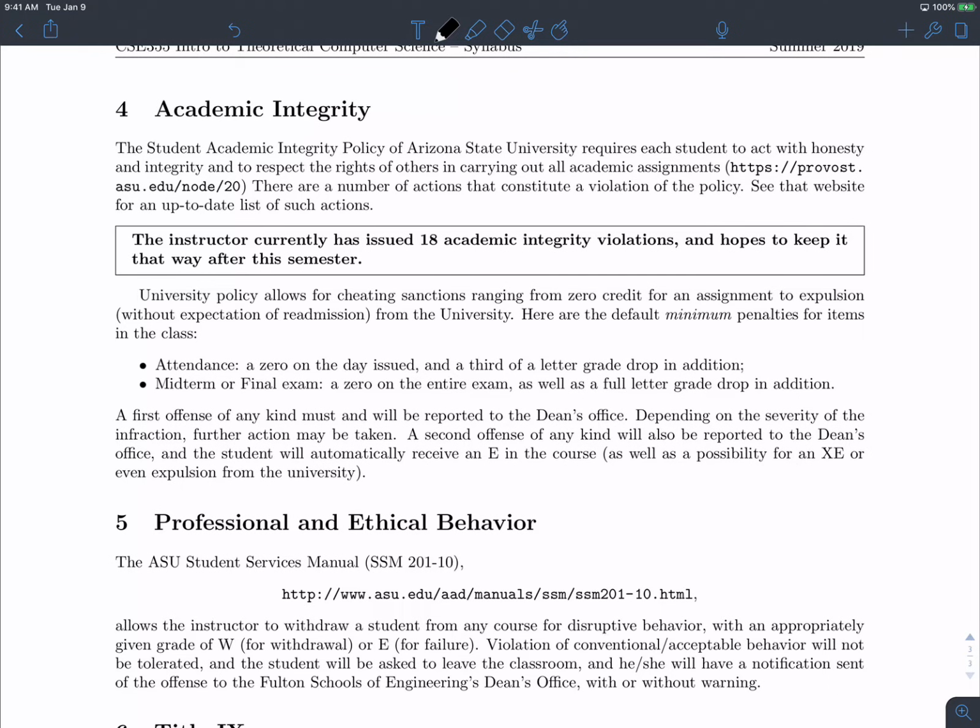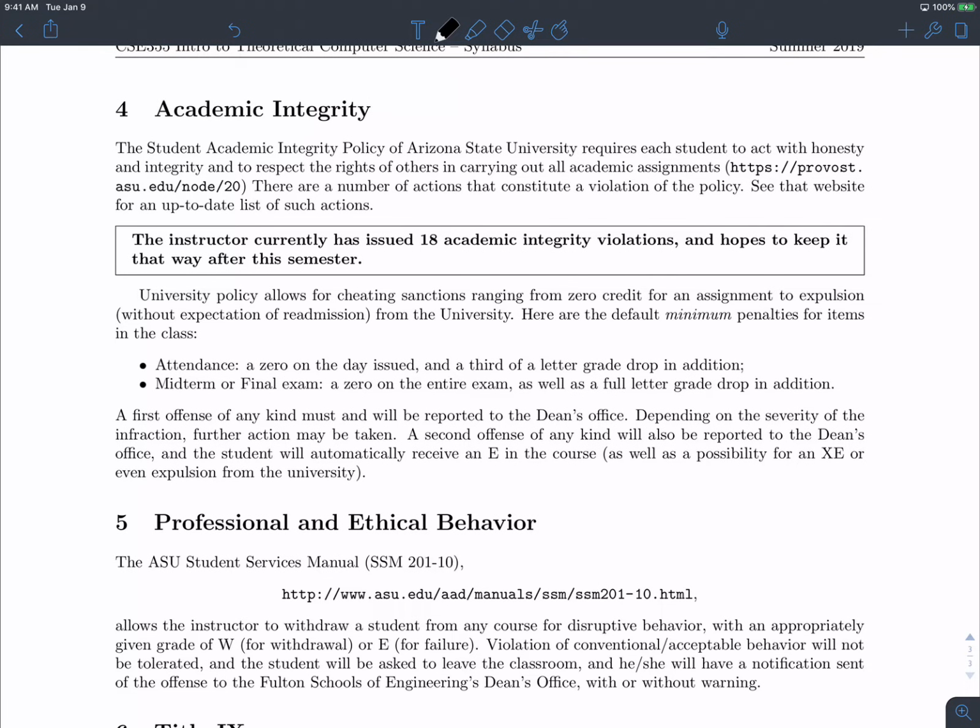So there is an academic policy that says that if there's an attendance sheet and you write your name on the attendance sheet and leave, that's an academic integrity violation. Okay? So what do I not want you to do? Do I want you to write your name and walk out? It's not a rhetorical question. Yes or no?